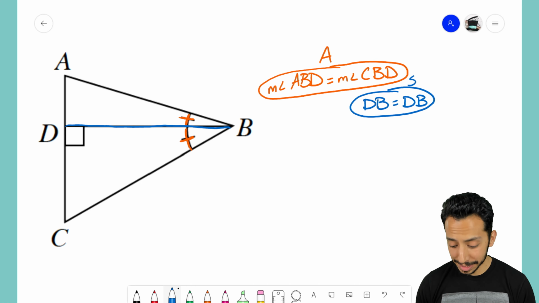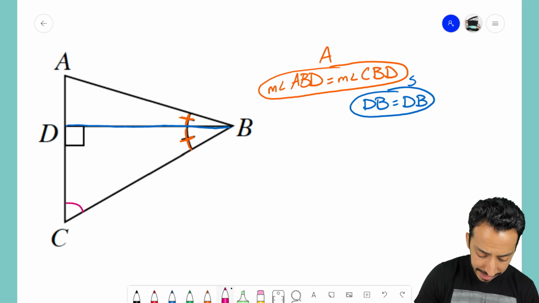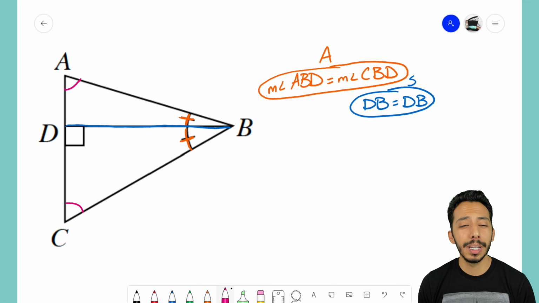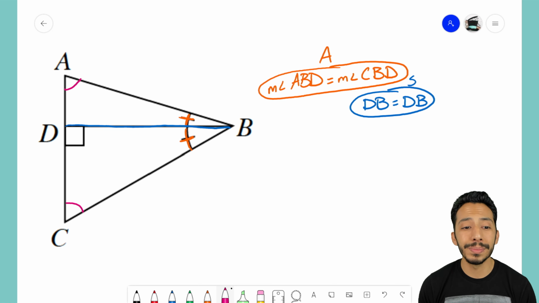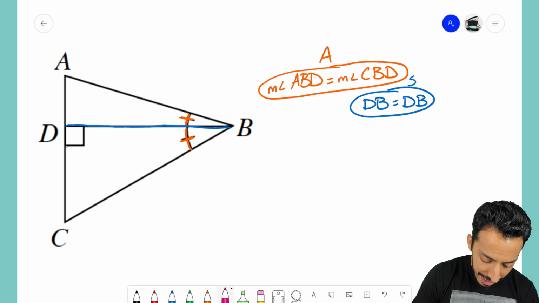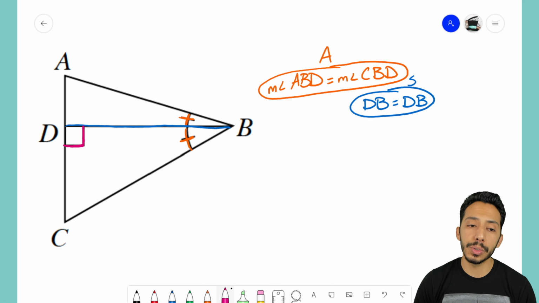So I'm looking around and some of you might be thinking that C and A are equal. They sort of look like the same angle, but I don't have any markings there that can help me out. There's nothing there that tells me that A and C are equal, so we can't talk about that. But what we can talk about are the angles at D. Notice that at this point D, on this bottom triangle, we know that we have a right angle.